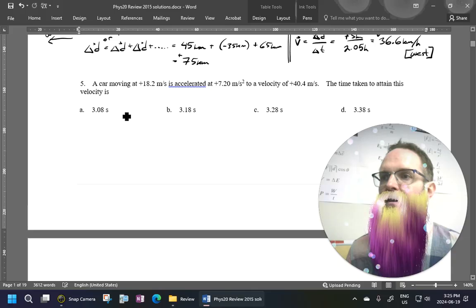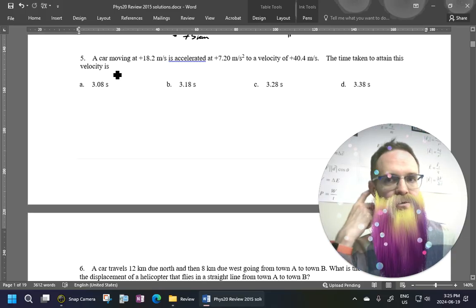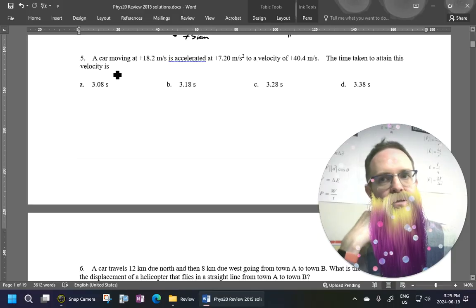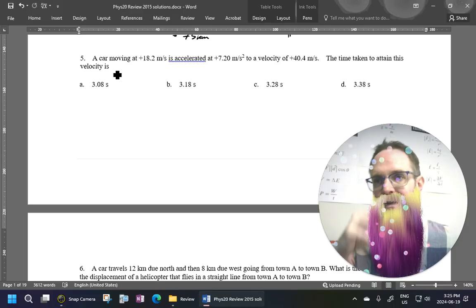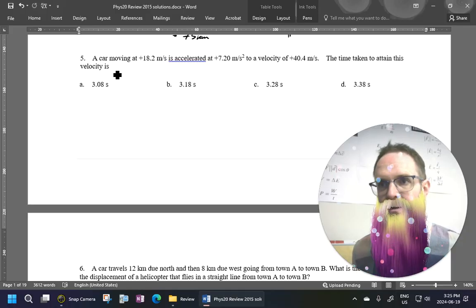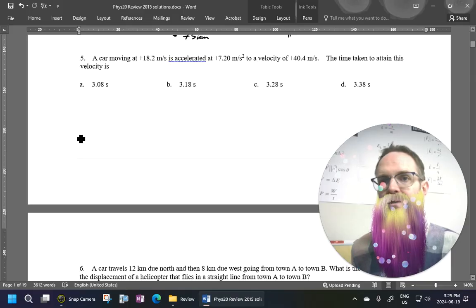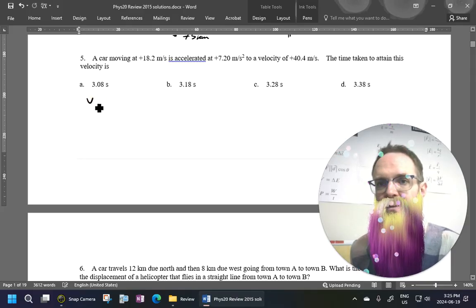Okay. A car is moving. Well, they put some positive and negative, so that's good. A car moving at 18.2 meters per second is accelerated at a rate of 7.2 meters per second squared, so the units there are very important, to a new velocity of 40.4 meters per second. What's the time required? Okay, so this is our typical accelerated motion kind of question.